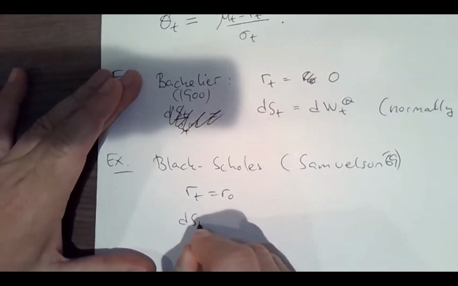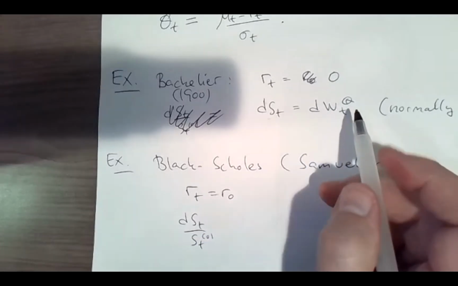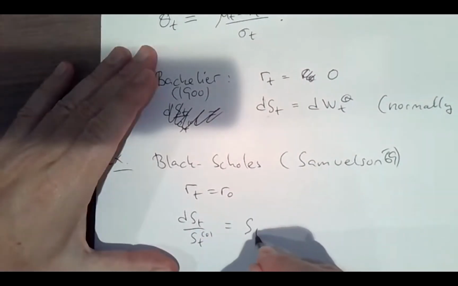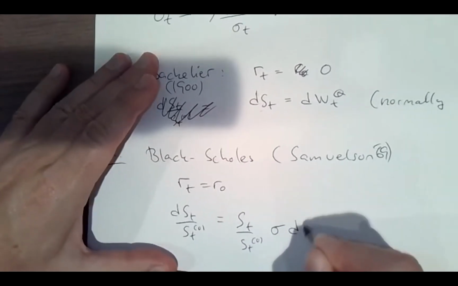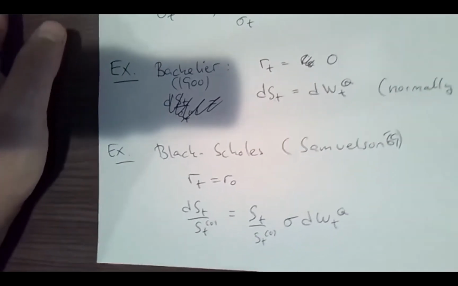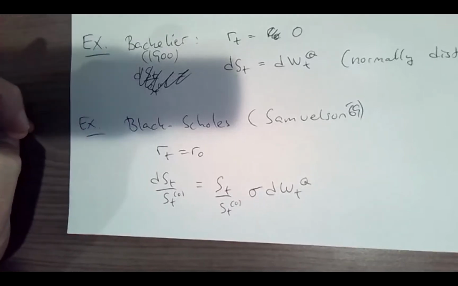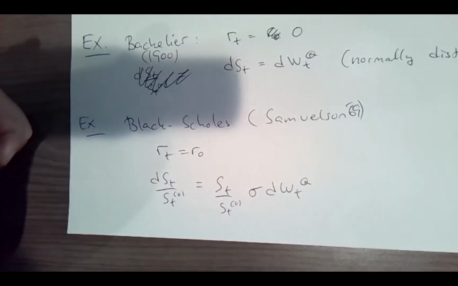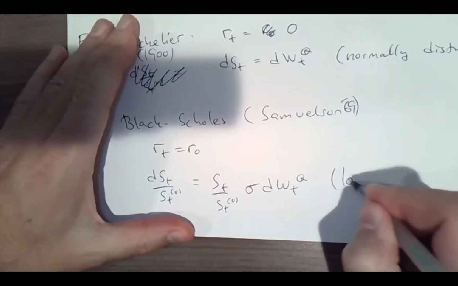It says that the discounted stock price under this measure Q is going to be ST over ST0 times sigma times DWTQ. That's the Black-Scholes model. So this one here was normally distributed. This one here is going to be log normal.